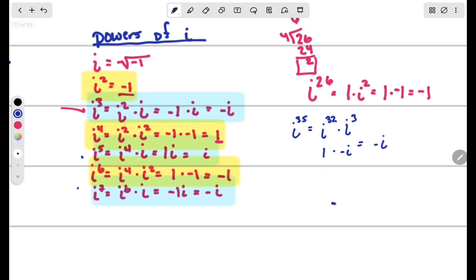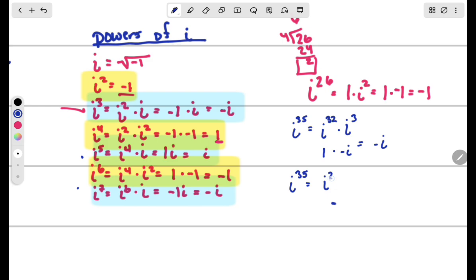You can do it a number of ways. If I had i to the 35th power and you want to use 7 going into 35, that's cool. We can do it in multiples of 7. What's the closest times table to 35 for 7? 4 times 7 is 28.